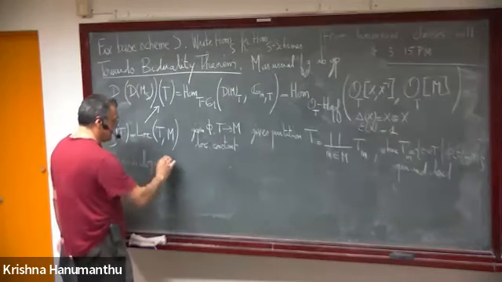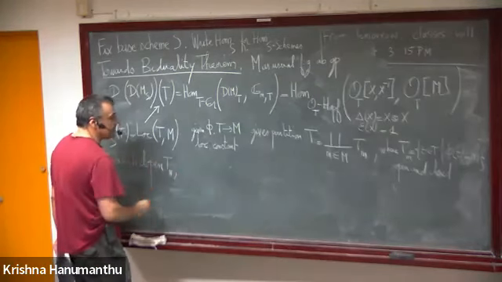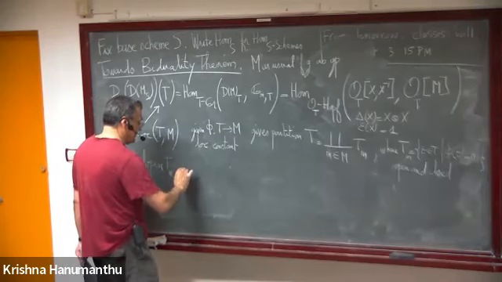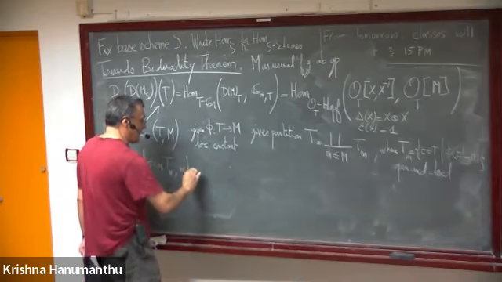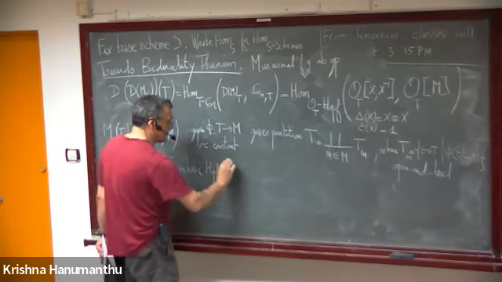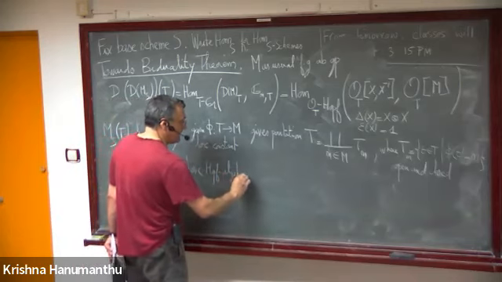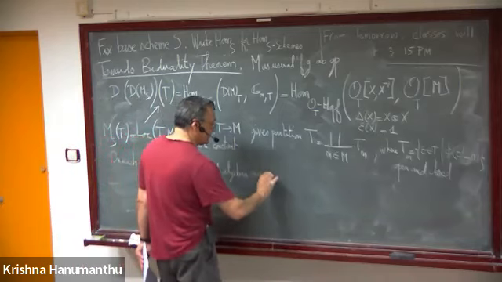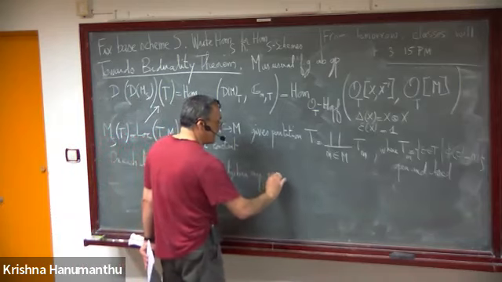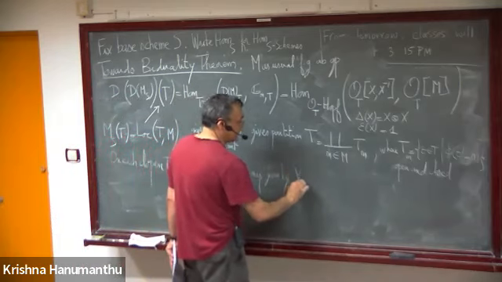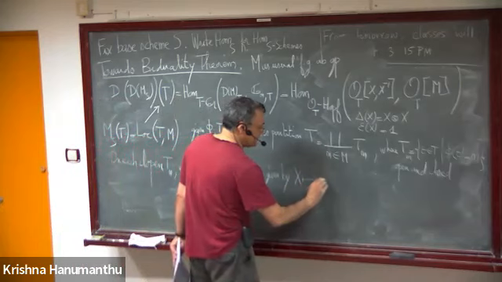So on each of these subschemes, we have the Hopf algebra map given by x goes to m.